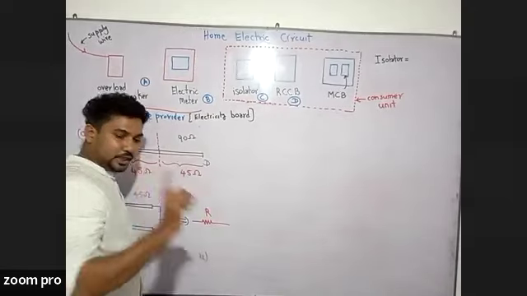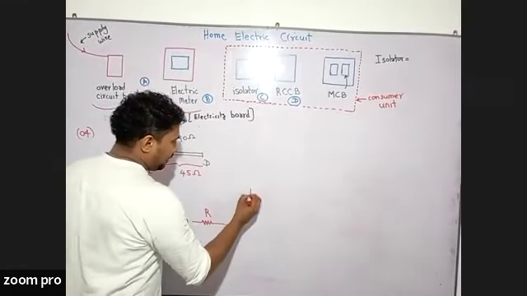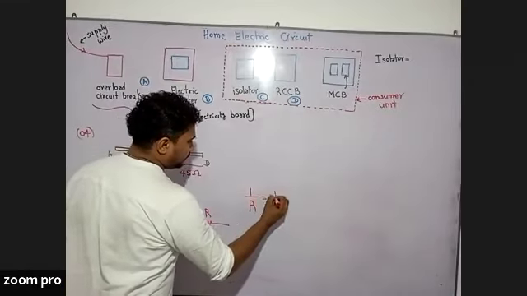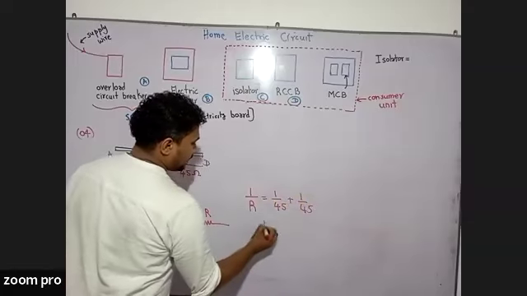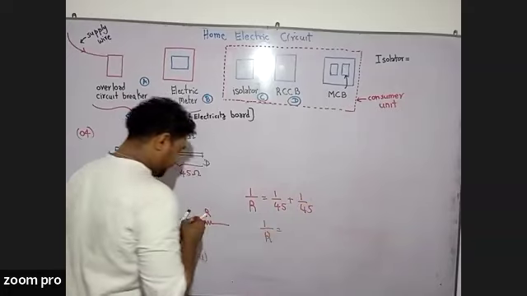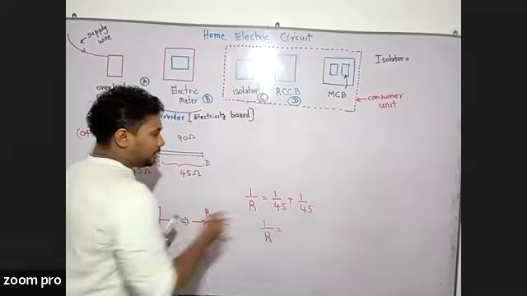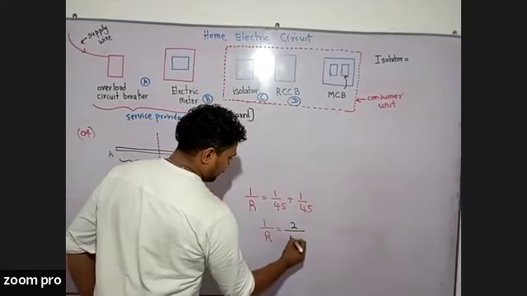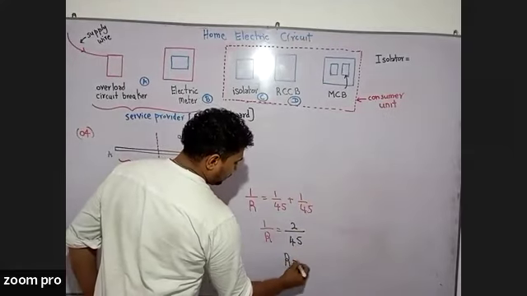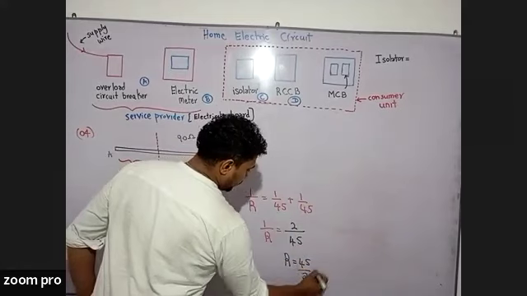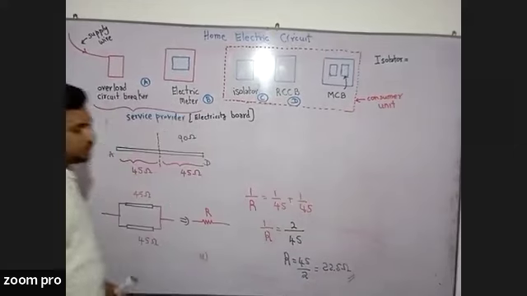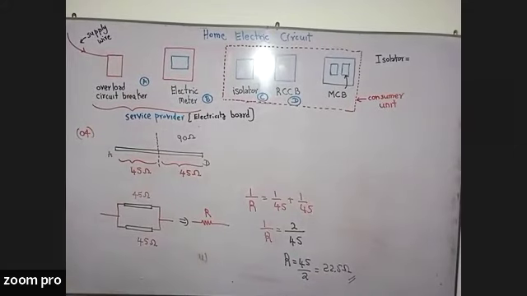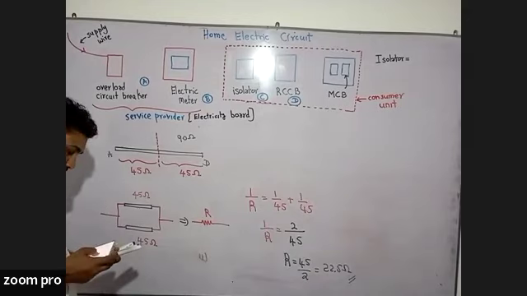So according to the equation that we learned, 1 over R equals 1 over 45 plus 1 over 45. The denominators are common, so we can add the numerators. Then R equals 45 over 2. Then the answer should be 22.5 ohm. So this is the equivalent resistance.